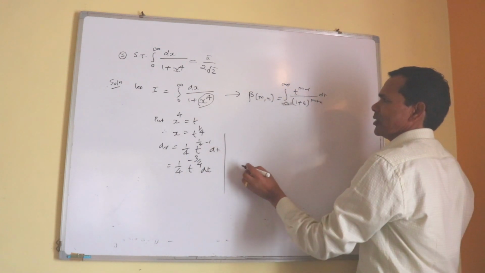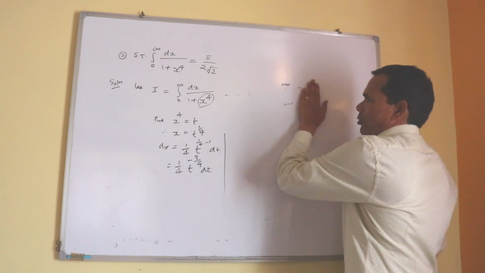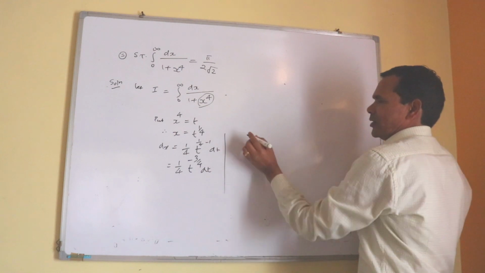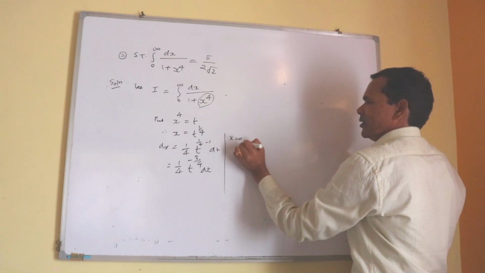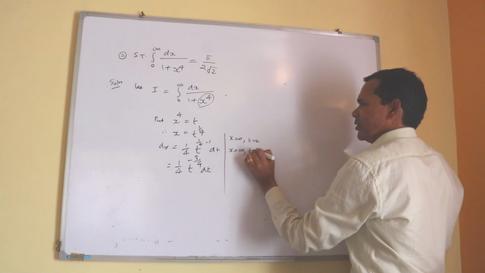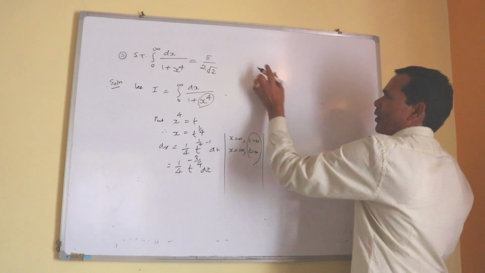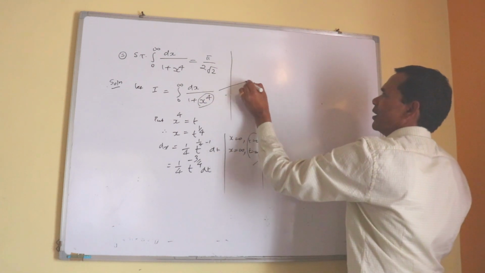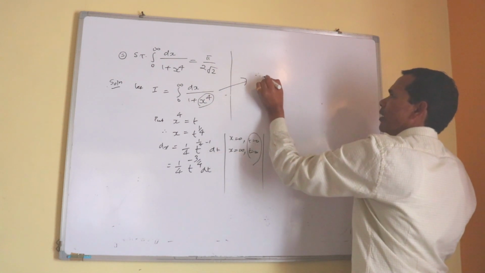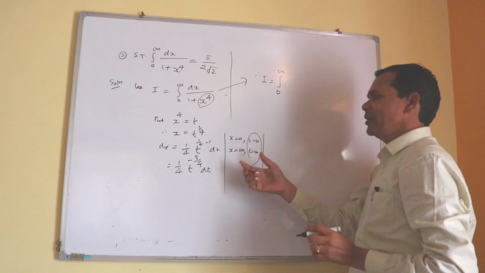So if you put t is equal to 0, x is equal to 0, and for x is equal to infinity, t is equal to infinity, the new limits would be same there. So what happens, see here, then this integral will get transformed, therefore I is equal to the integral with new limits 0 to infinity dx.